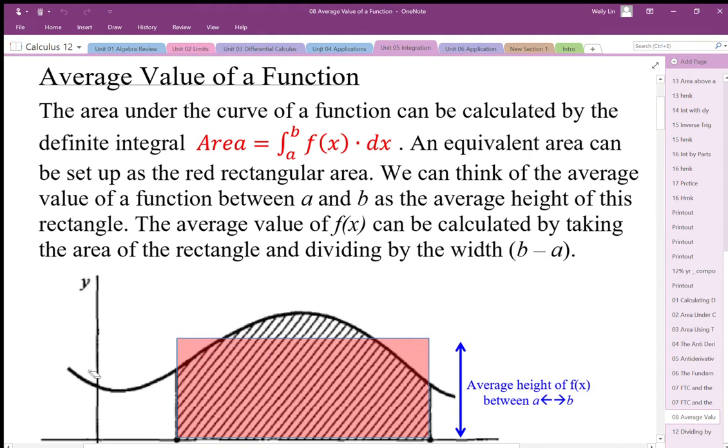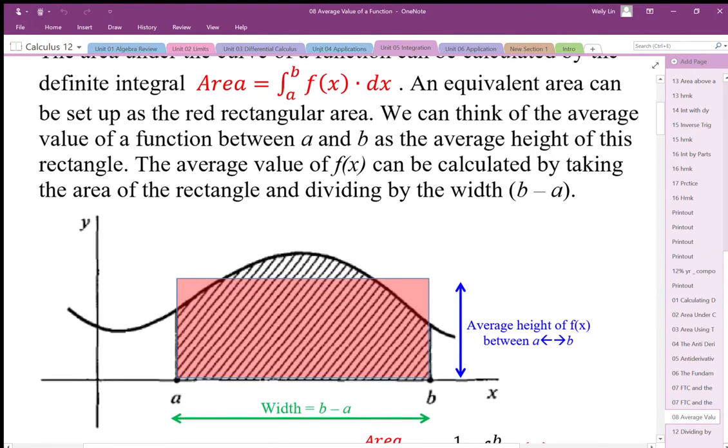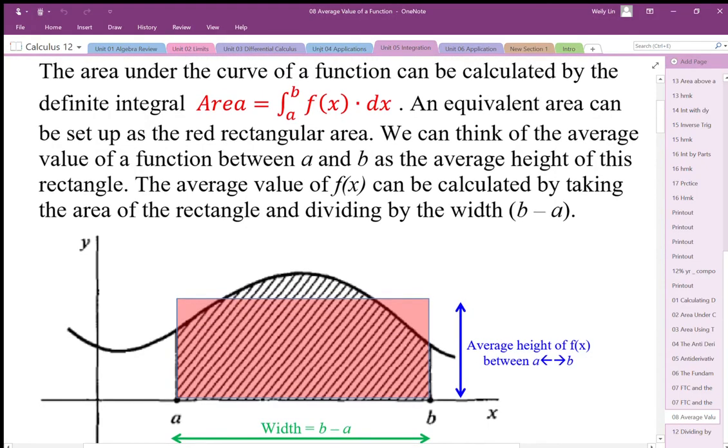To find the average height of this function, if we can make this area a rectangle, we can take the width of that rectangle, take the red area, divide it by the width, and we should get the height, or the other edge of that rectangle. That's what we're going to do.